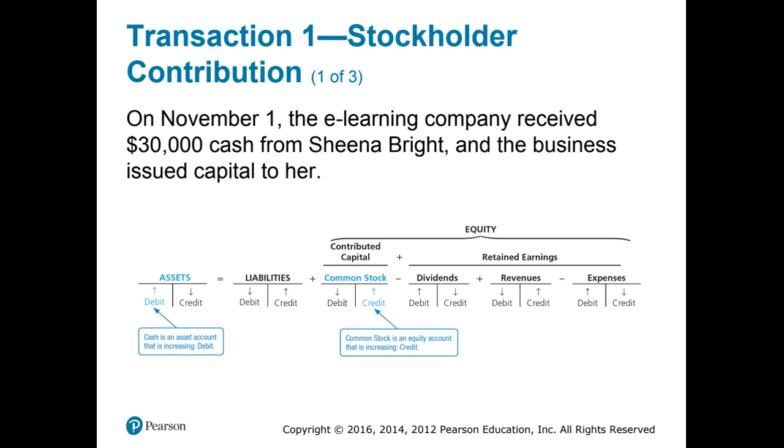To increase our equity account, we are going to credit common stock. Earlier we mentioned that to increase assets, you increase them moving left. So assets increase with a debit. To increase liabilities or equity, you increase those to the right. So liabilities and equity increase with a credit.